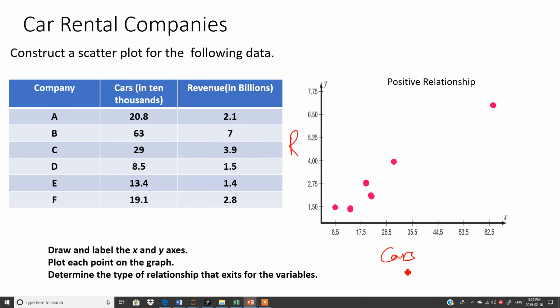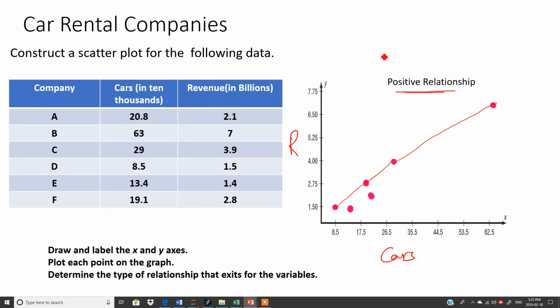If we have more cars to rent out, then we can have more revenue. I have made these points and this is the graph. If I join these points, from here to here, we can have a straight line. It means if cars are increasing, our revenue is also increasing. This is the positive relationship.